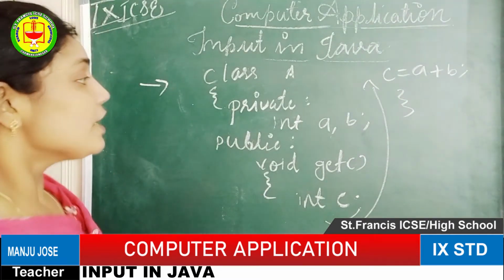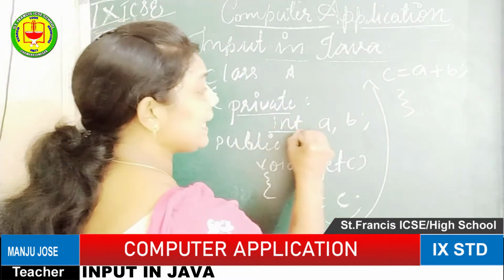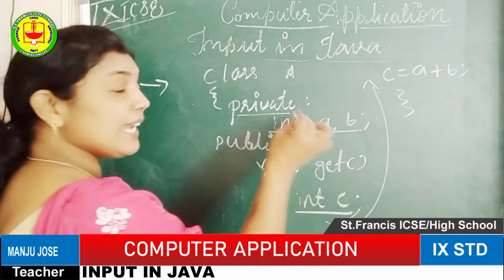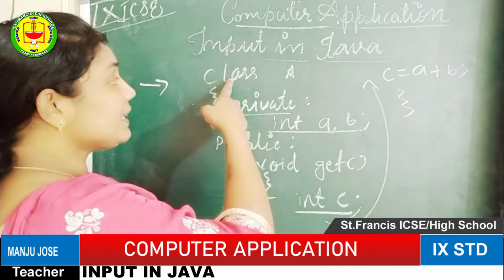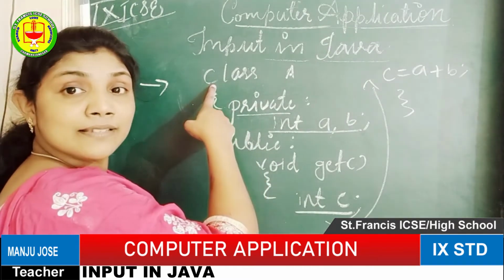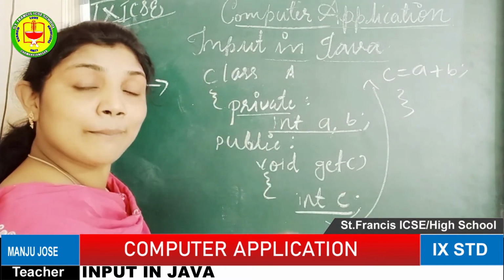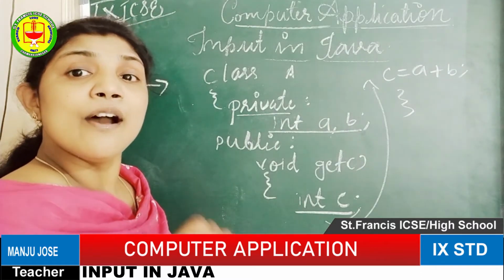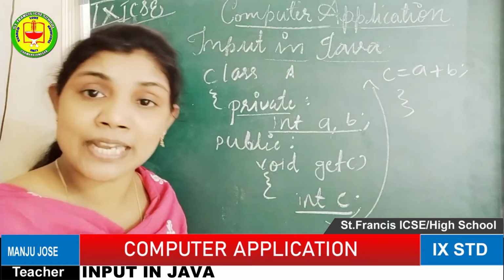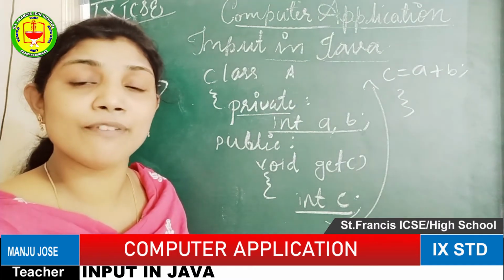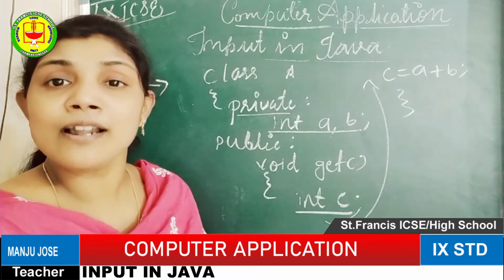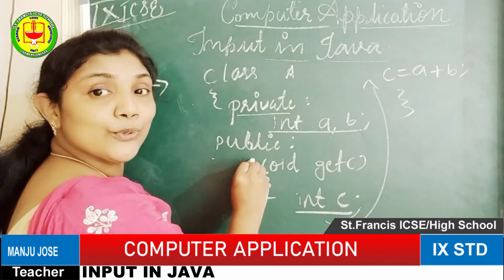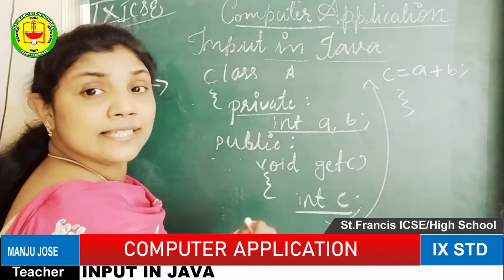Then let me explain which is the local variable. Here private means int A, B will be there, and also int C will be there. This int A, B is in the class. In Java programming the major part will be the class. Inside the class only we use functions, data types, variables and functions. The variable and function have equal priority. Here private and public we have used, this is called an access specifier.